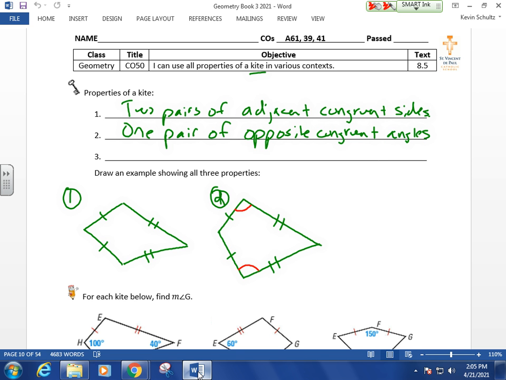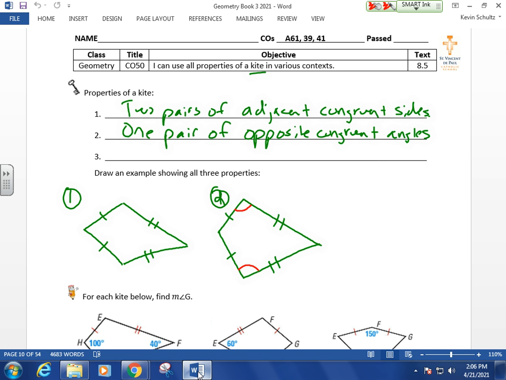And we can validate this using a theorem all the way back from CO32. Do you remember what theorem would prove to us that these specific 2 angles are congruent? Linnea? That's more for parallel lines and angle relationships.